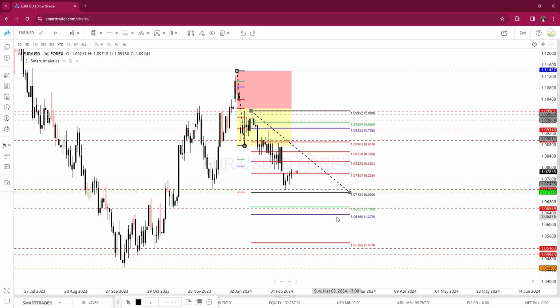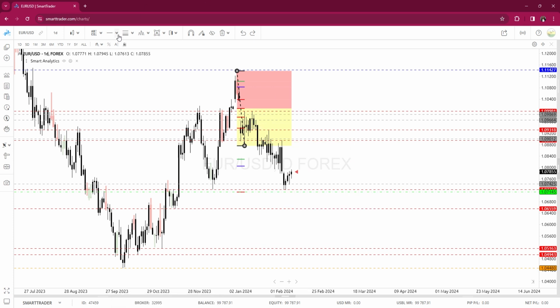Okay. So my thought is, and I'll move this fib out the way, my thought is, and this is just looking at structure, that we've already seen price form a low at daily support, and we have a slight pullback.